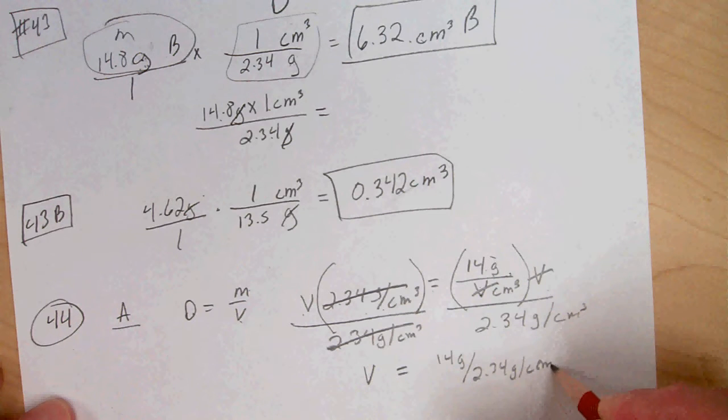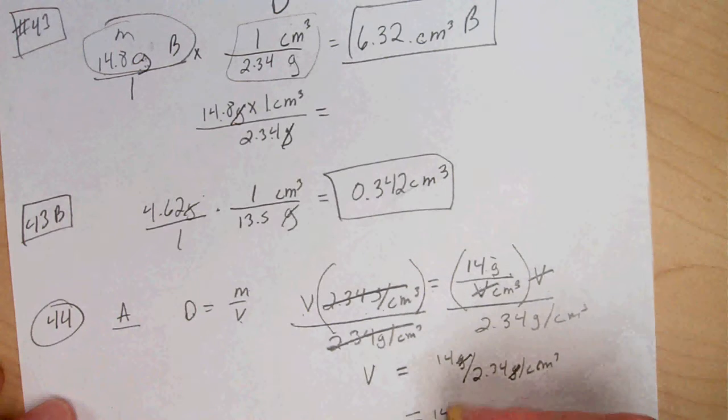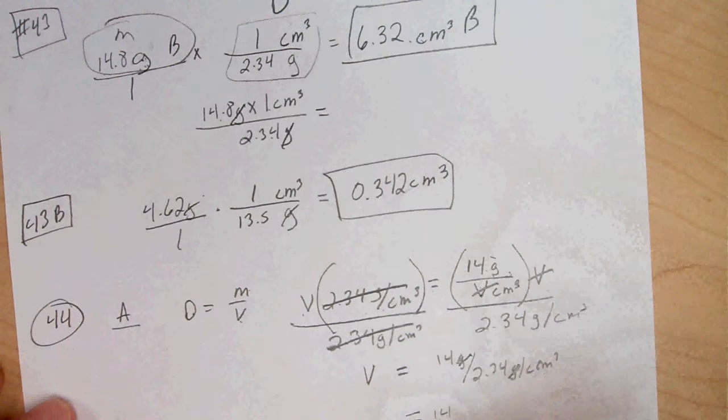per cubic centimeter. Now grams cancels grams because they're above and below, but this cubic centimeters doesn't get canceled, and when you have a denominator in the denominator, it becomes the numerator. So our final answer will be 14 divided by 2.34 cubic centimeters.